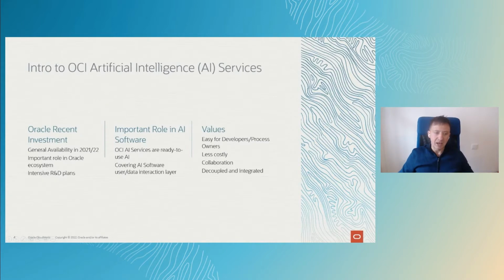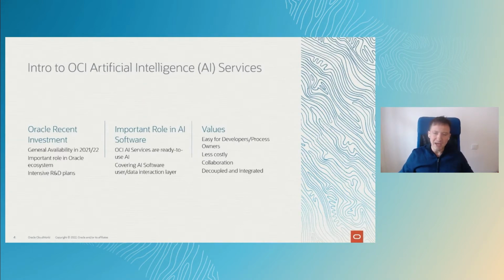Apart from that, there is quite an important role for AI services in the overall Oracle ecosystem and the way our customers would benefit from it. It is supposed to complete the artificial intelligence stack for Oracle. Oracle already has the data science service, machine learning within Oracle Database, and some adaptive artificial intelligence applications.